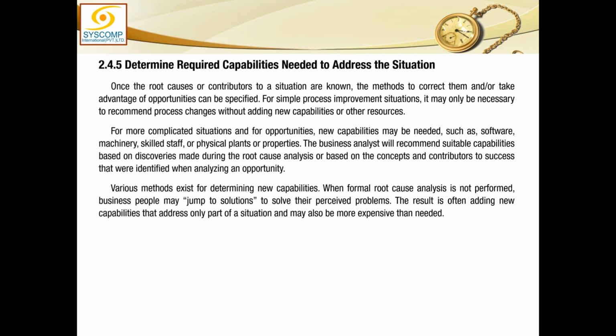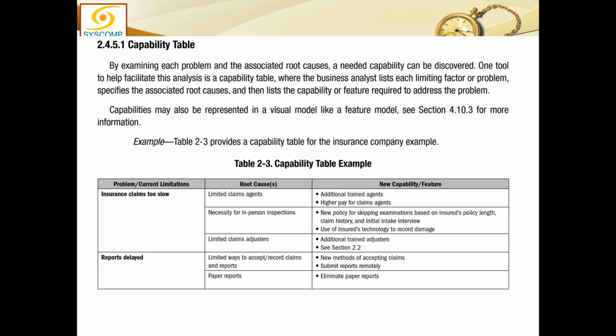The result is often adding new capabilities that address only part of a solution. If you jump to conclusions, you will be making a faulty solution, a partial solution, which will not solve your problem, but may incur cost. It will be expensive and it will not be solving the whole situation.